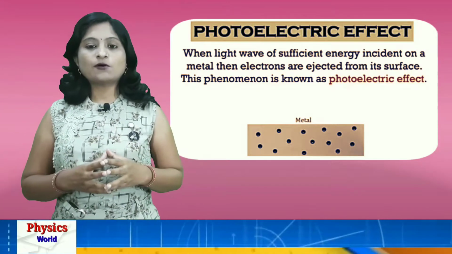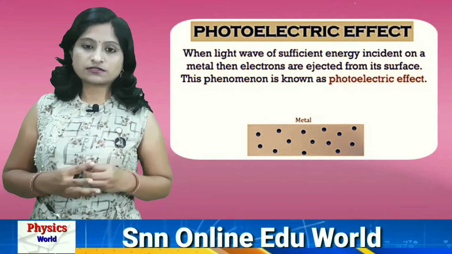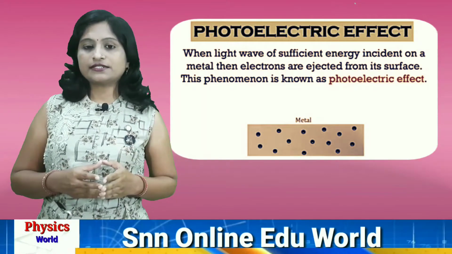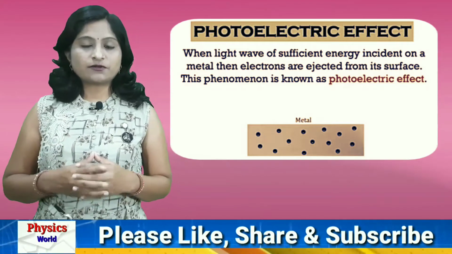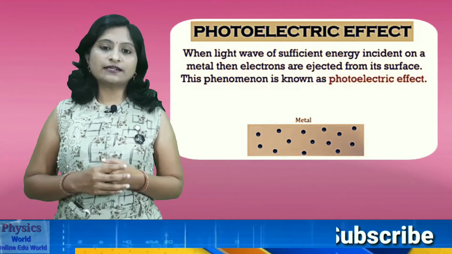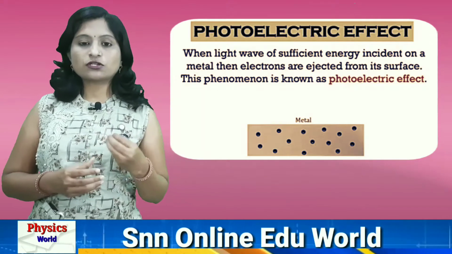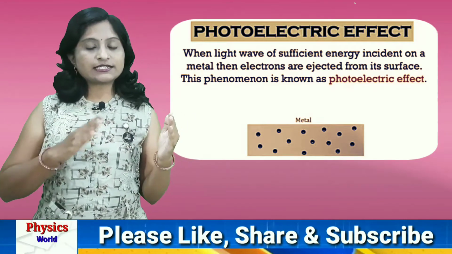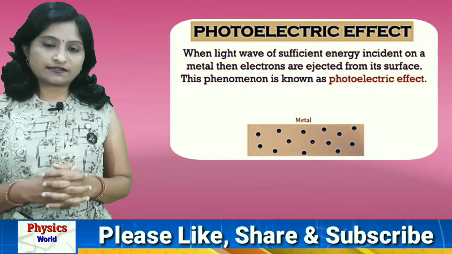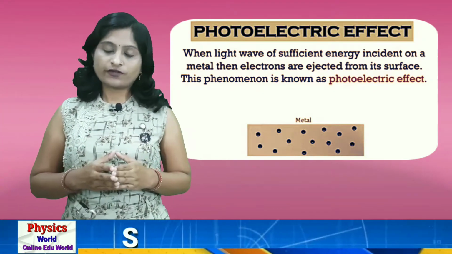So in this type of effect, photons, that means light energy, convert into electrical energy, because now the electrons are free, meaning they can move here and there, and the motion of electrons is nothing but current. So here light energy gets converted into electrical energy. So what is this effect?